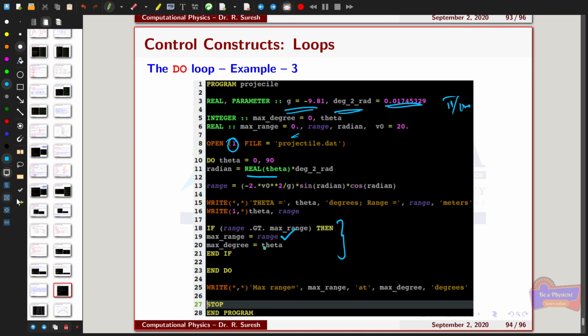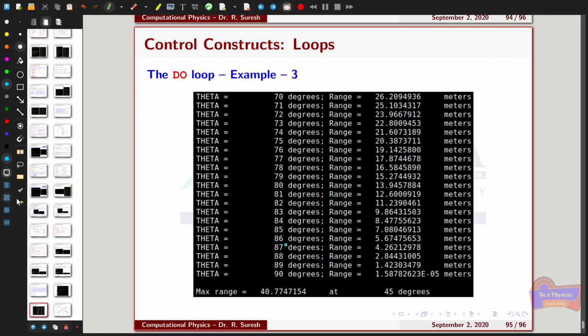Then the corresponding degree will be transferred to the max degree. Using this loop, you can easily calculate the maximum value of the range. Then you can print the values, and this is the output here.